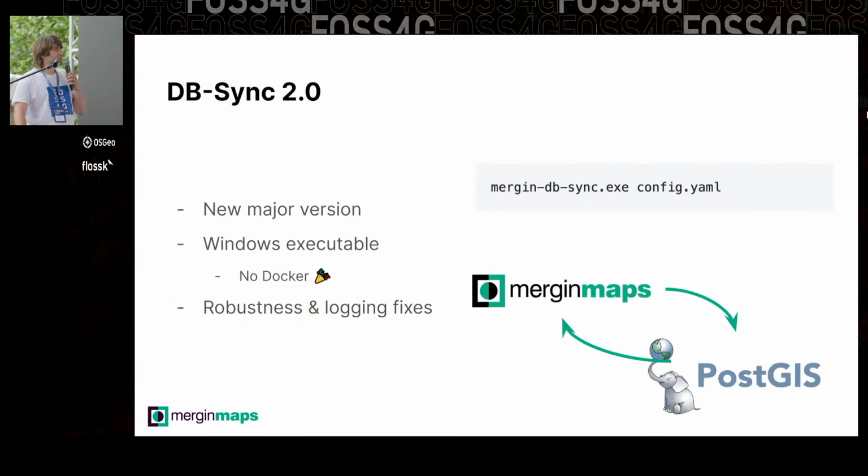DB Sync, it's a feature of PostGIS where you can replicate one GeoPackage to PostGIS. So all Mergin Maps is based on GeoPackages as survey layers. And with DB Sync, you can run it as a daemon, either here in a Docker, or here we have also a Windows installer.